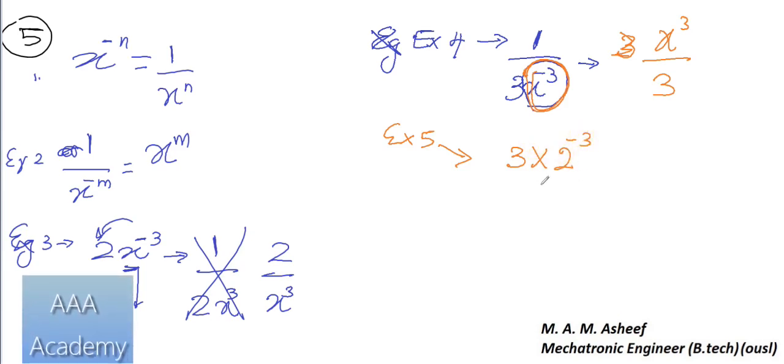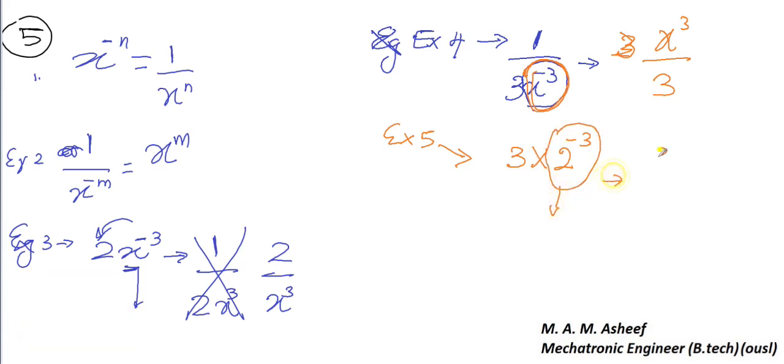What will you do? This one you take down, so 3 will be there, and this one will come down, it is 2 to the power 3. Then 3 over 2 to the power 3 is 2 times 2 times 2, so it is equal to 3 over 8.